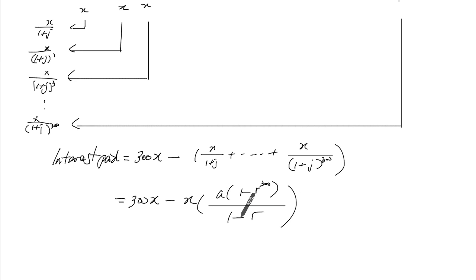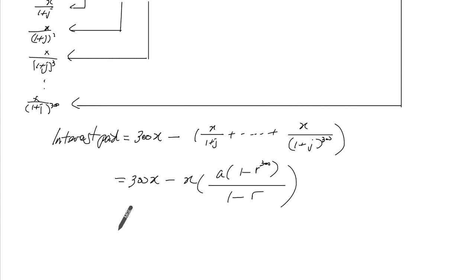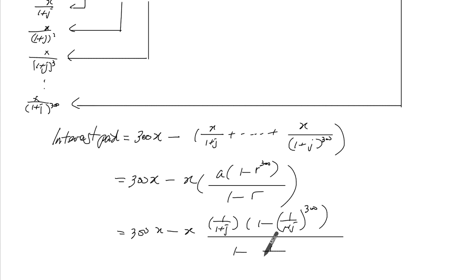Here a is 1 over (1 plus j), the first term, and the common ratio is 1 over (1 plus j), so we get 1 minus 1 over (1 plus j) to the power of 300, all over 1 minus 1 over (1 plus j).